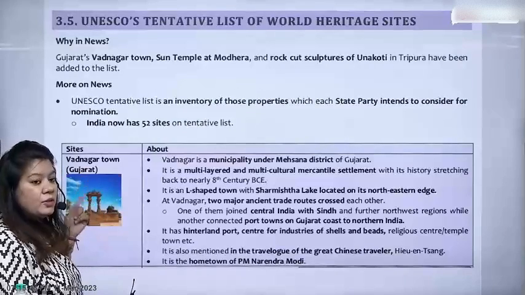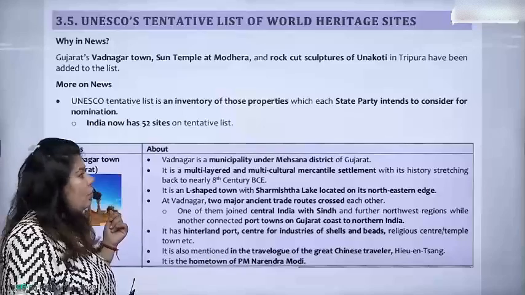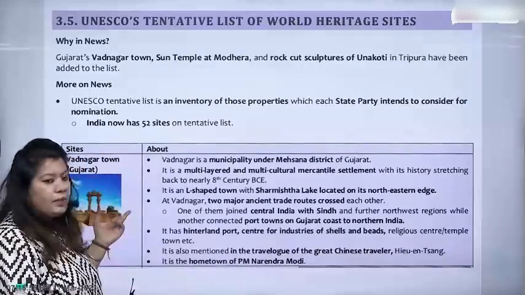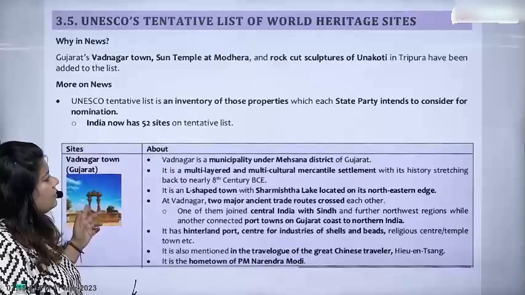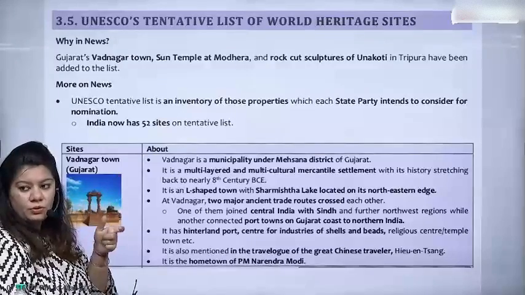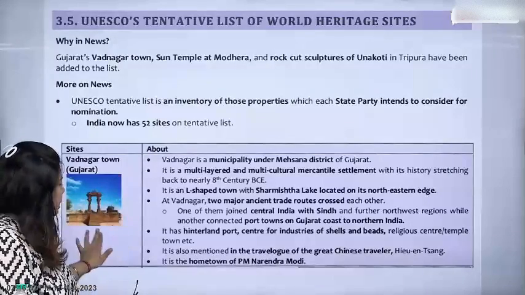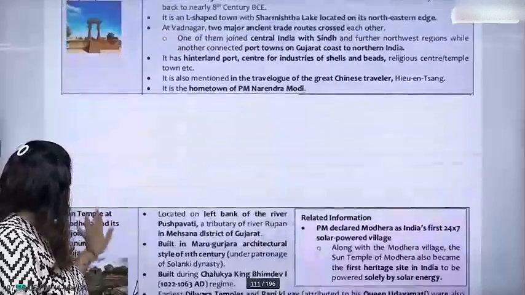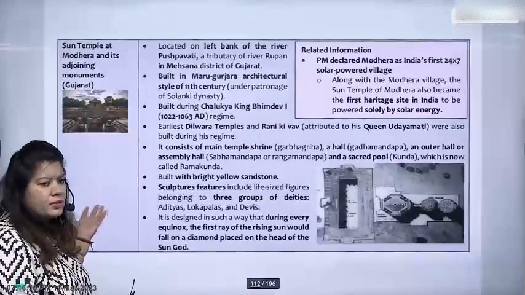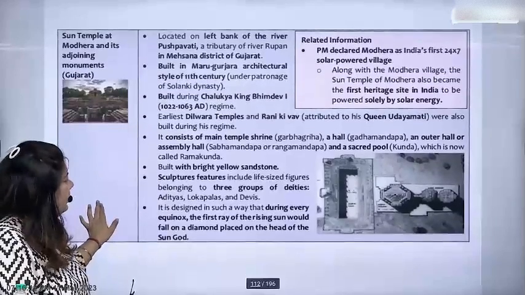Then the next nomination that has gone to UNESCO's tentative list is the Sun Temple at Modhera, right? And the rock sculptures of Unakoti. So the Unakoti place should be known to you, that it is in Tripura, right? Check this information. We've done sun temples or temples framework, so take the same.